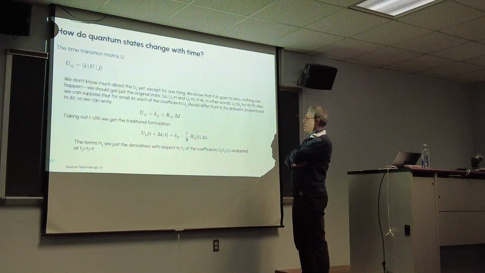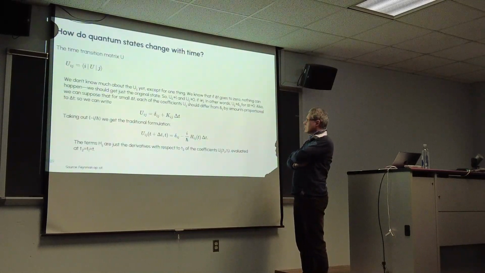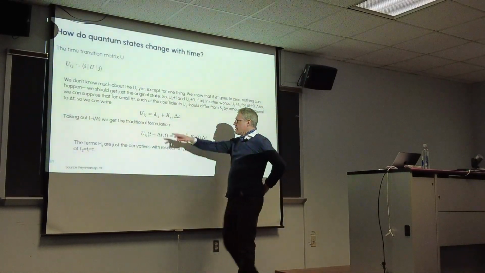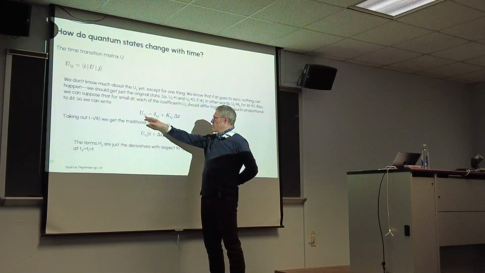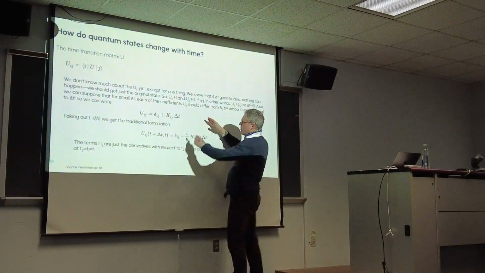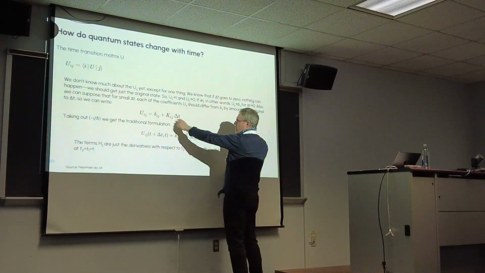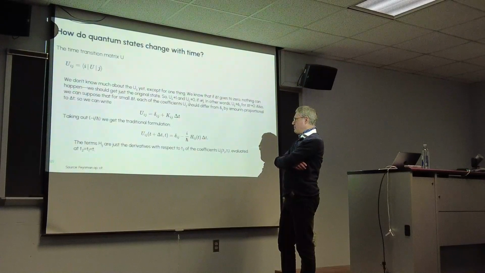We can also suppose that for small delta t, each of the coefficients should differ from delta_ij by amounts proportional to delta t. So that means basically that to fill this matrix, we take U_ij as the delta, and then we add another operator multiplied by the time difference.